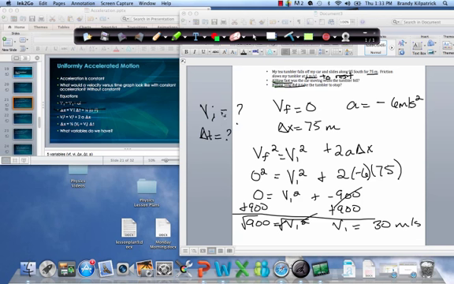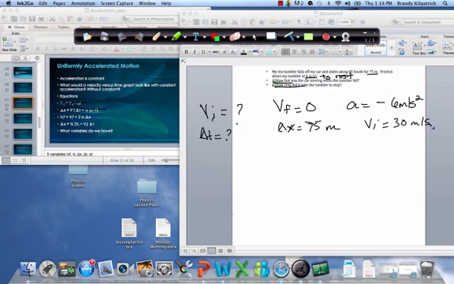So now I have VI, and it's still asking for delta t. Now we're going to solve for our time. We should be able to use almost any equation for this. Looking at the first equation, I have VF, I have VI, I have acceleration, and I'm looking for time.